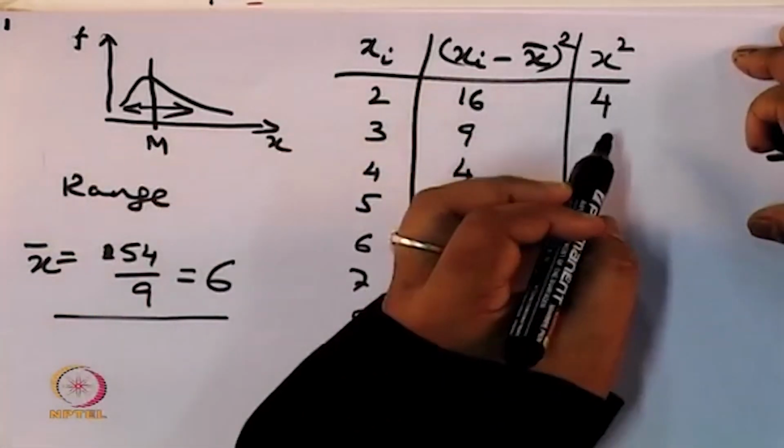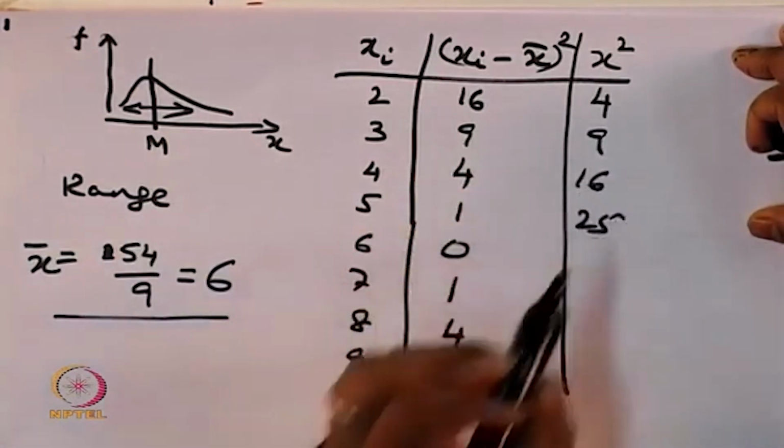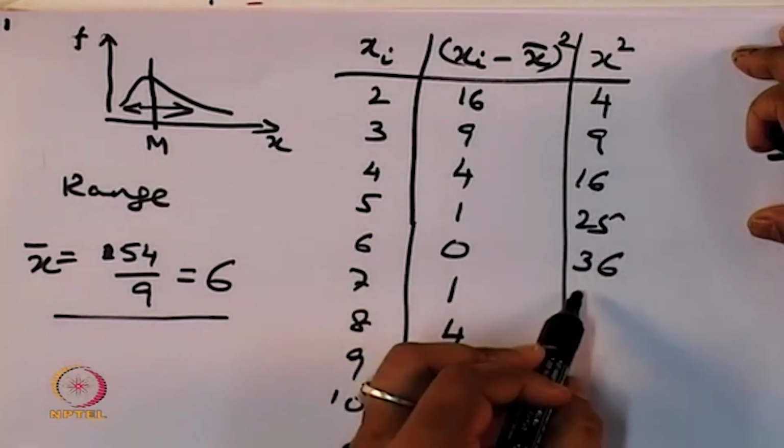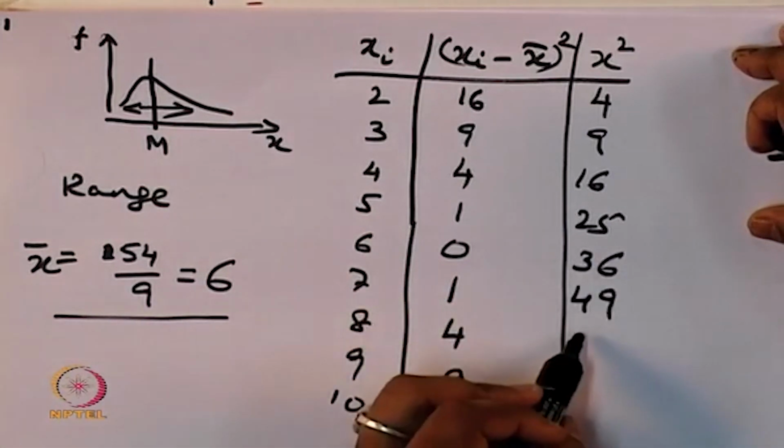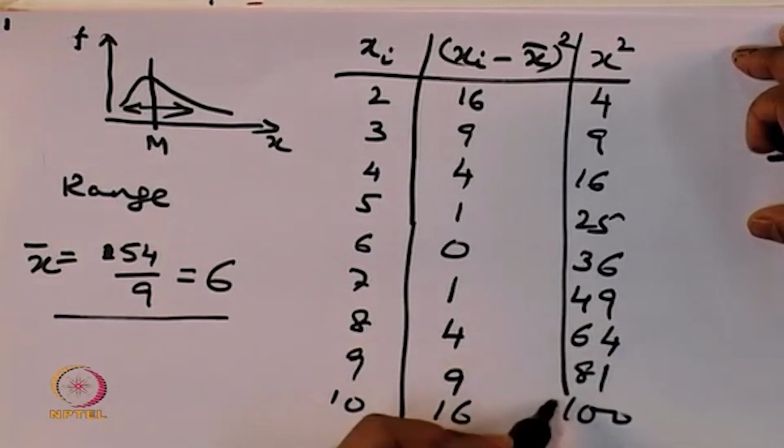And for x square: 2 square is 4, 3 square is 9, 16, 25, 36, 49, 64, 81, 100.